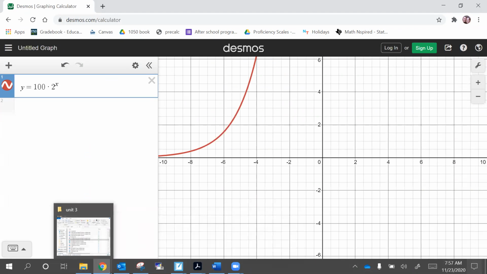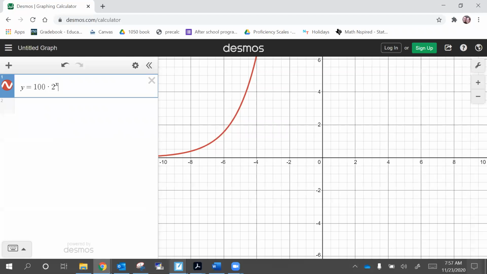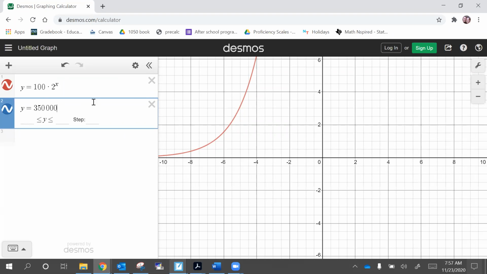Let me hurry and check my work. Was that right? 100 times 2 to the x? Yes. Now we want to know when that is going to equal 350,000.